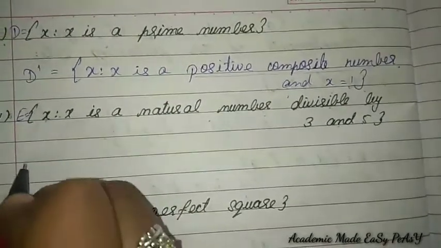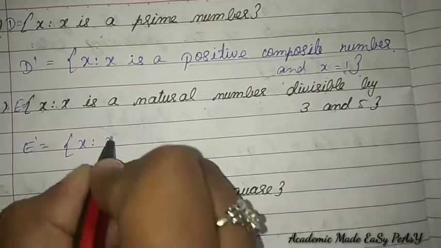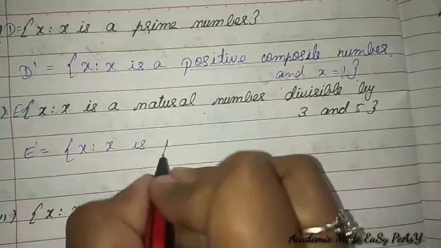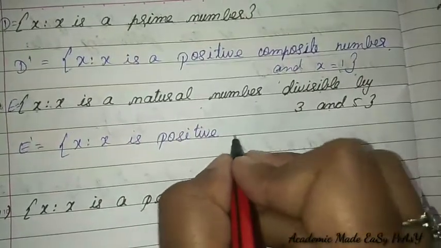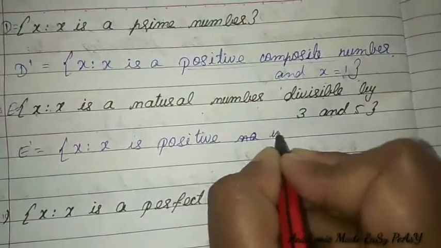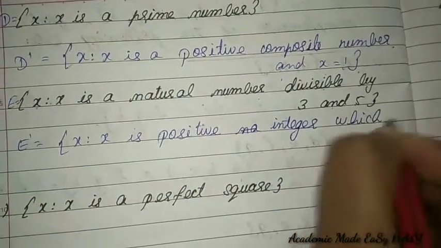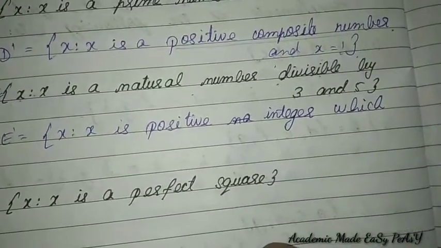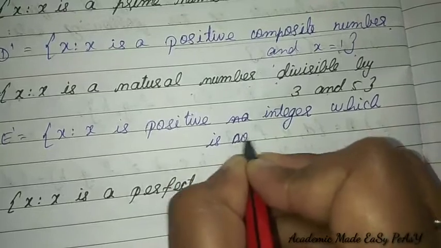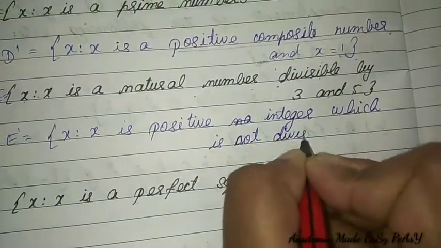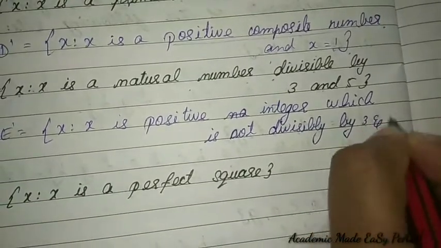So therefore E complementation is equal to x such that x is a positive number or integer which is not divisible. Here it is divisible, then here it should be not divisible by 3 and 5.